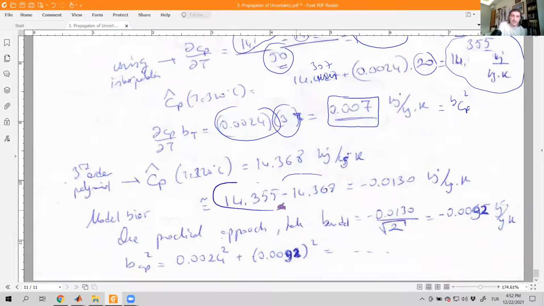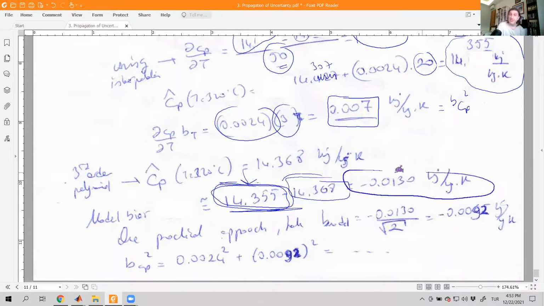I subtract the interpolated value, which is 14.355, from this value, because in bias calculations, you first write your measured value, then the true value kind of thing. And there is a deviation. I do not say that this is the true value, but this is probably closer to the true value, I may say. So therefore, it gives me a range between two observations.